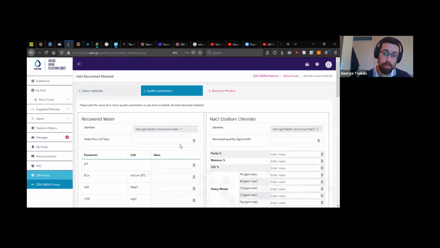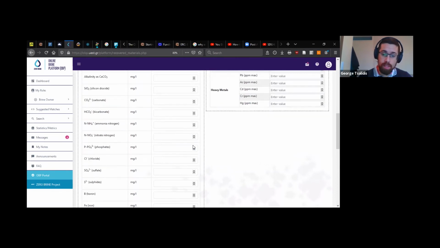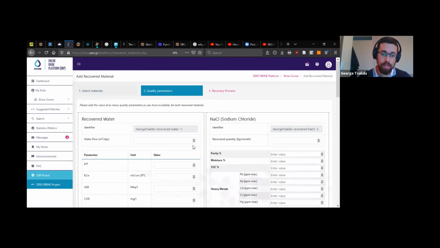So these are quality parameters for recovered material. 1, water. As you can see, there is no asterisk here, so nothing is mandatory. Let's say that I don't have any information. I only know about the pH, that it is somewhat basic, let's say 8.